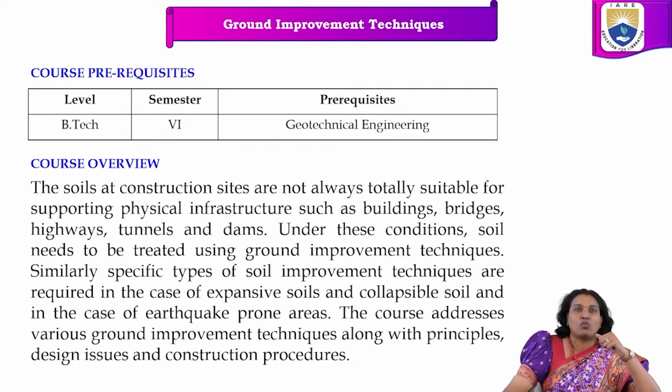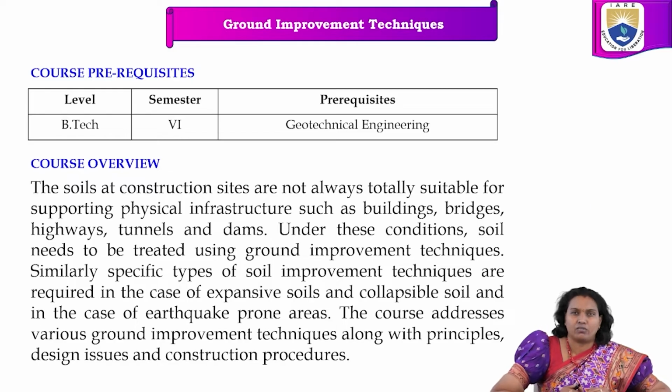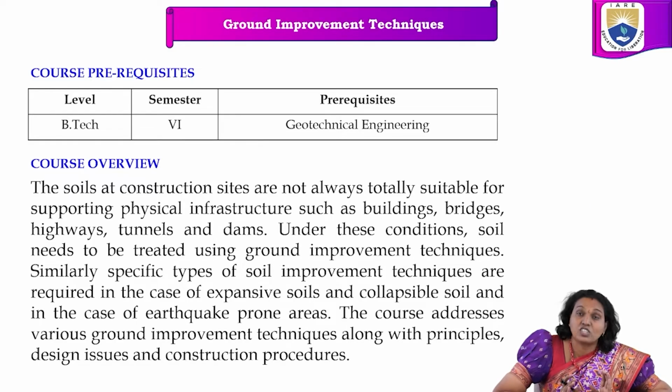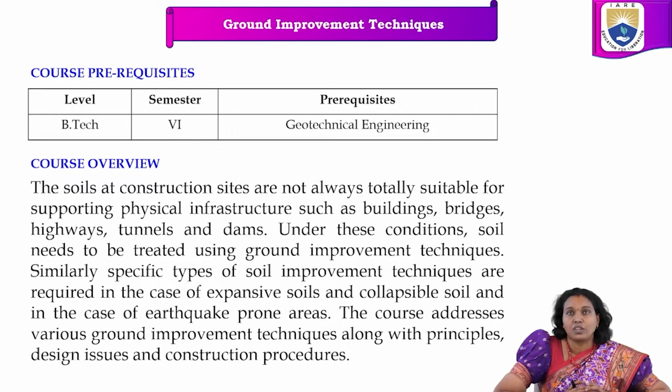Coming to the course overview, the soils at a construction site, whatever type of construction we are going to do in that particular locality and soil condition, are not always suitable for supporting physical structures.